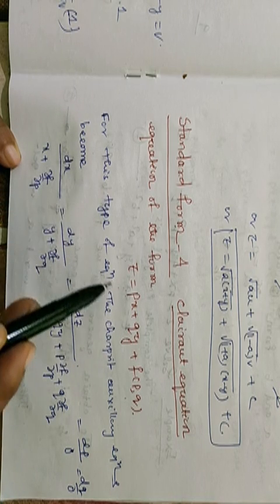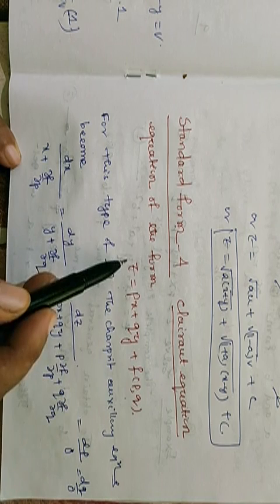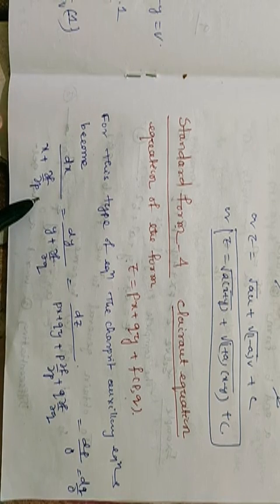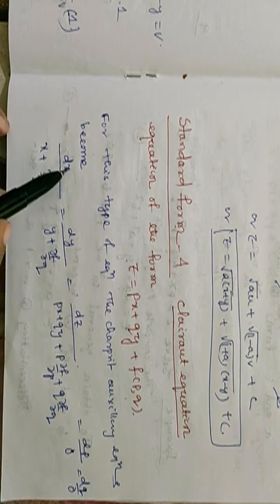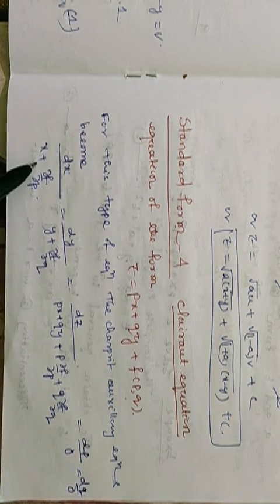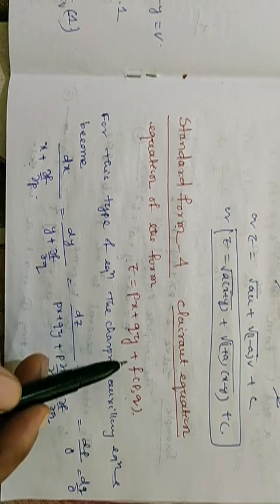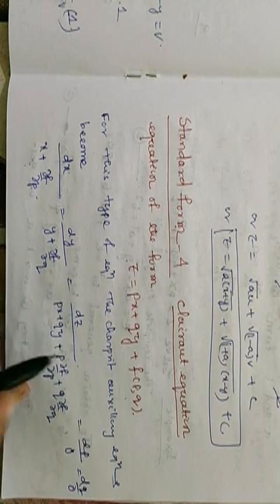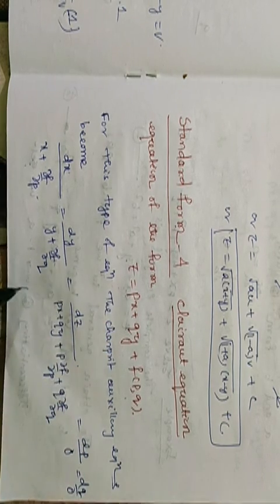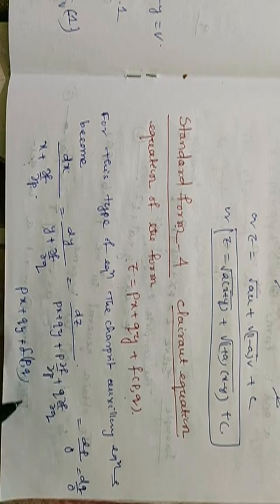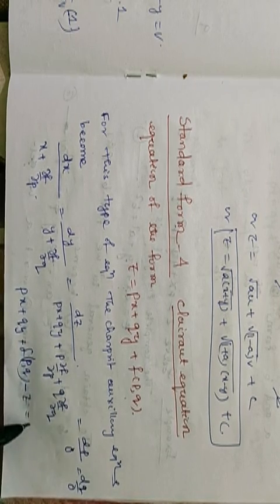Now if the given equation is of this form, then the Charpit auxiliary equation becomes this way: dx divided by del f by del p. Now look at this expression. It can be written as px plus qy plus f(p,q) minus z is equal to 0.